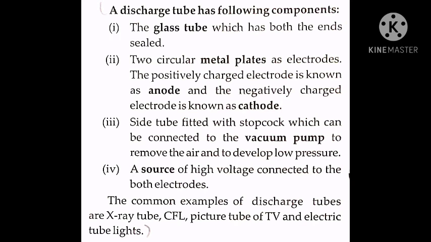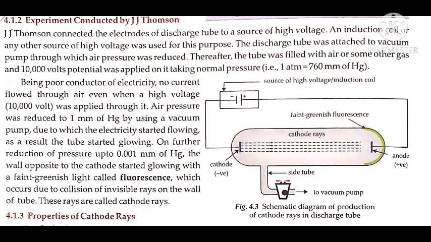A side tube fitted with stopcock, which can be connected to the vacuum pump to remove the air and to develop low pressure. A source of high voltage connected to both electrodes. The common examples of discharge tubes are X-ray tube, CFL, picture tube of the TV and electric tube lights.